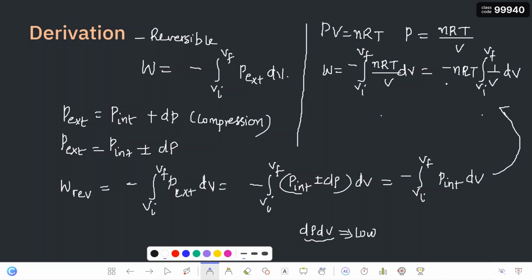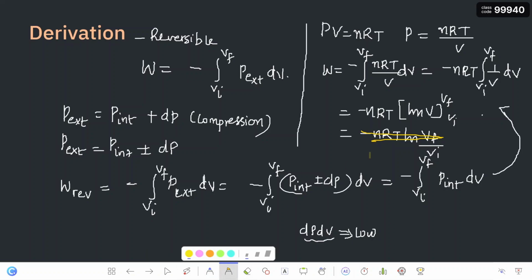When we integrate 1 by V dV, we get ln V from Vi to Vf. So this will become minus nRT ln Vf by Vi. So this is the final equation: minus nRT ln Vf by Vi.